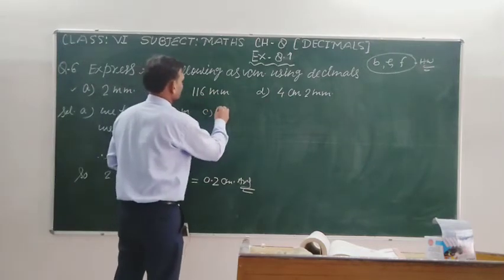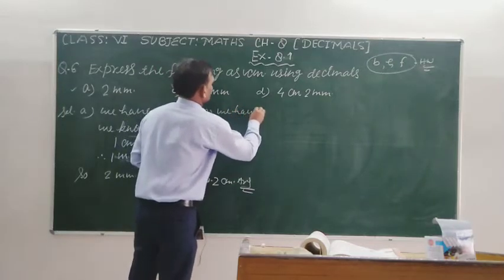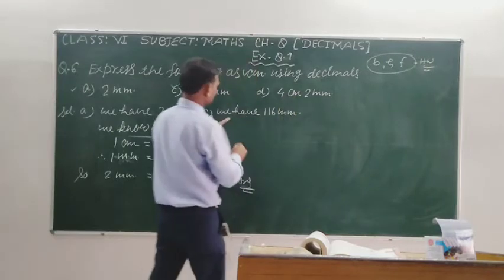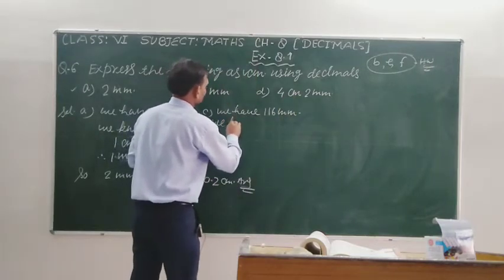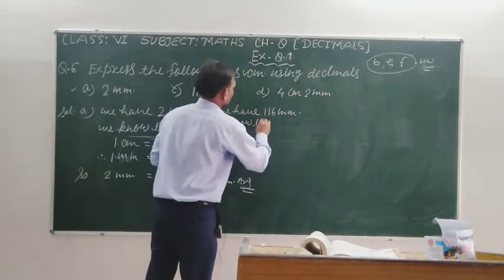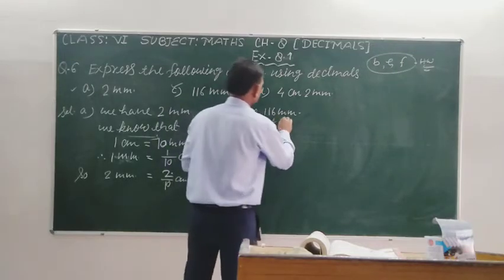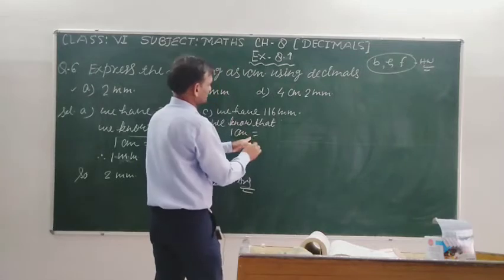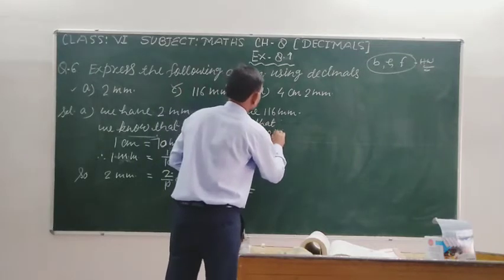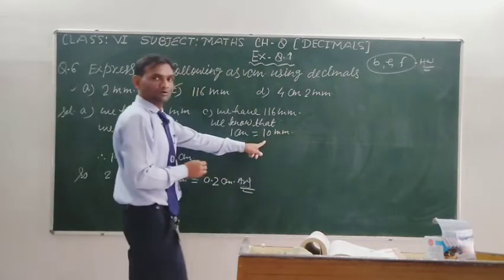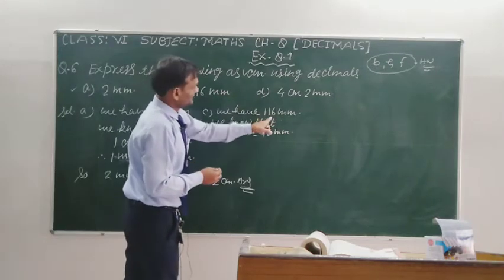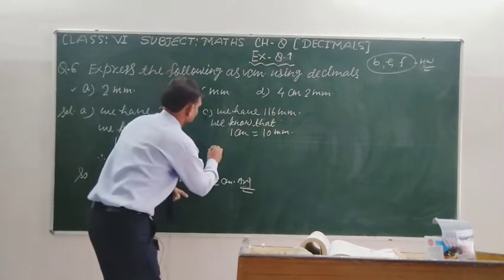In C part, we have 116 millimeter. We know that 1 centimeter is equal to 10 millimeter. You know very well.